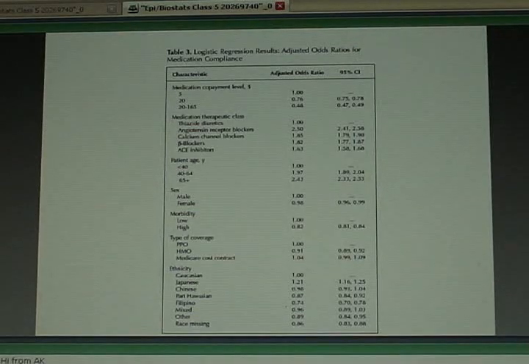This is a logistic regression model results, something we'll be talking about next week or the week afterwards. These are adjusted odds ratios, meaning all the numbers in the adjusted odds ratio column here are measuring the effect of one factor on your outcome, controlling for everything else that's in this model.